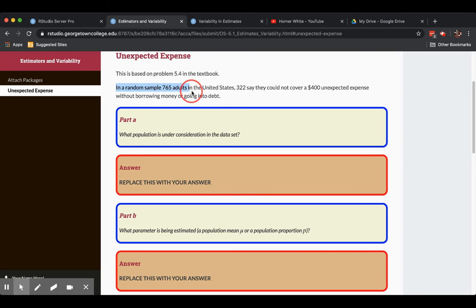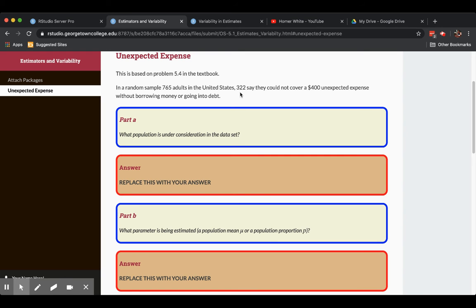In a random sample of 765 adults in the US, that's a little typo there, the word "of" should be right there, 322 of those 765 adults say they could not cover a $400 unexpected expense without borrowing money or going into debt.